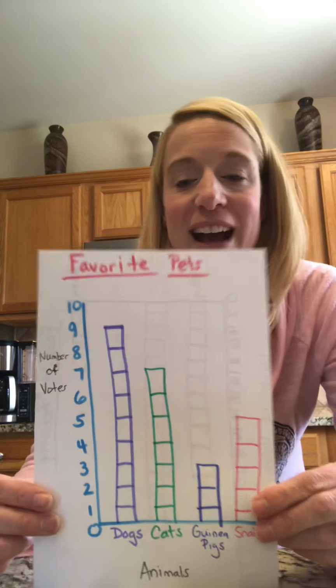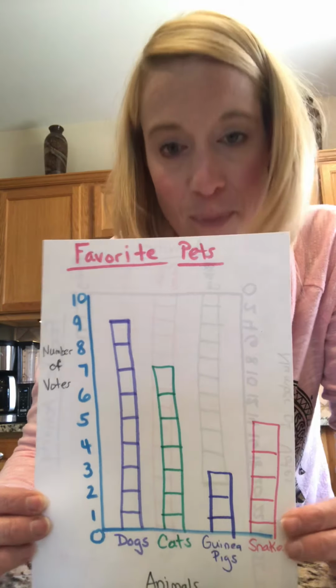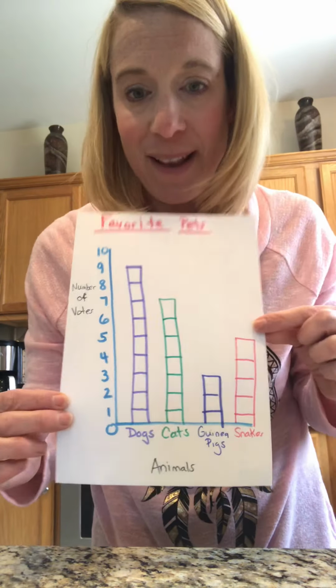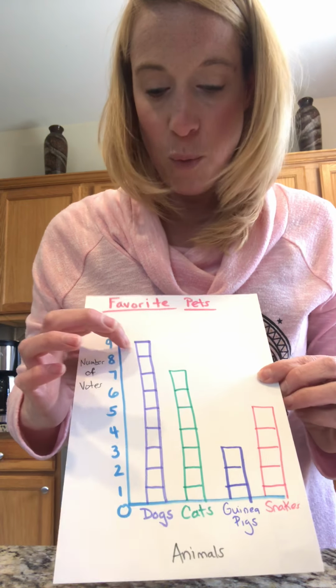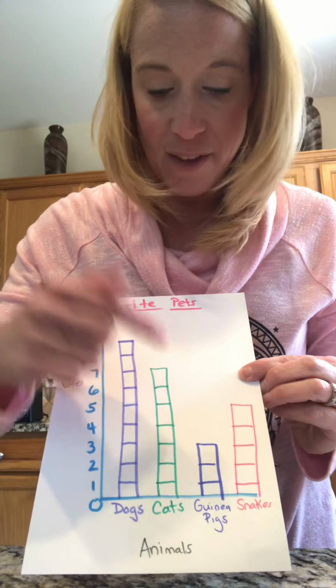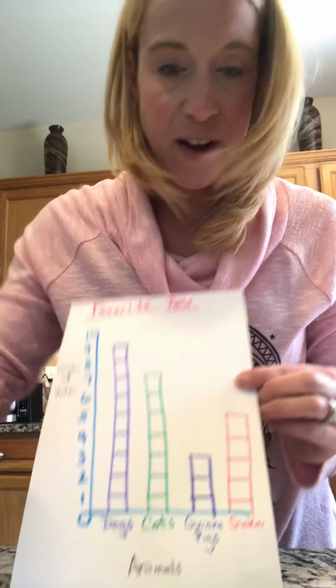All right, I'm back. And the graph is one that we used earlier in the week, the favorite pets one from Monday. Okay, so just to remind you what this was, kids voted on their favorite pets, and we learned that dogs was the winner with 9, and then cats with 7, guinea pigs had 3, and snakes had 5.